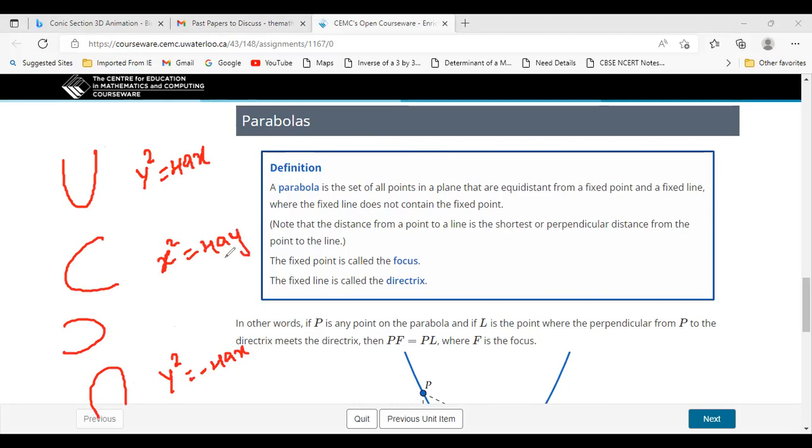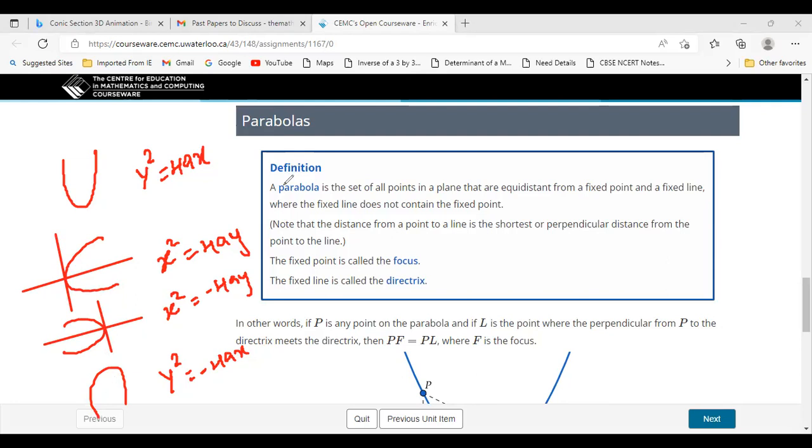I have a question. If a parabola opens sideways, then the only difference is that it would be x squared instead of y squared. Exactly, you're right. You just turn it around and it's the same thing, just sideways. It's still a type of parabola, right?